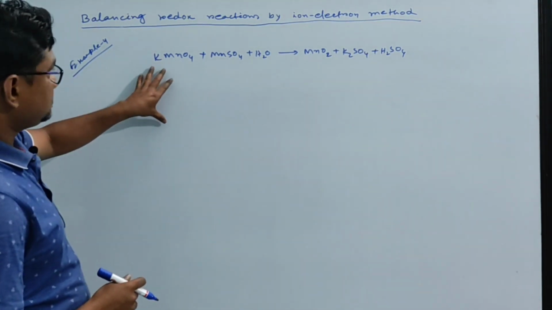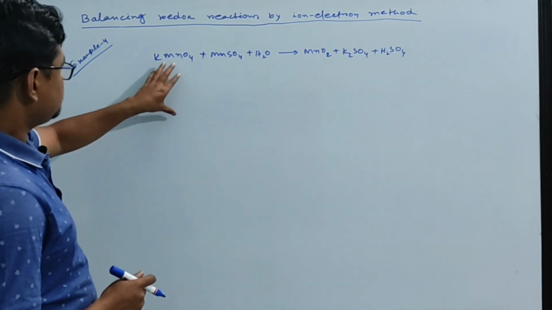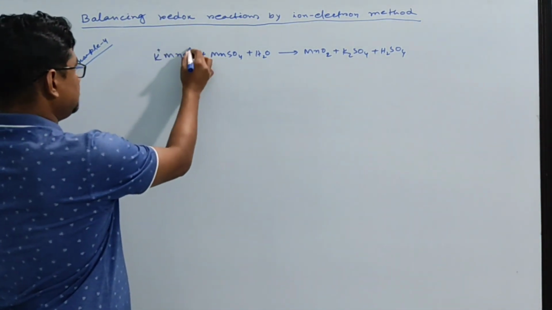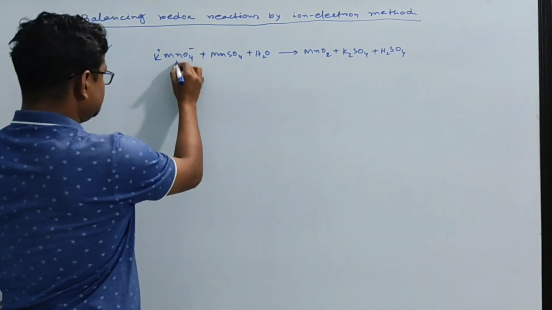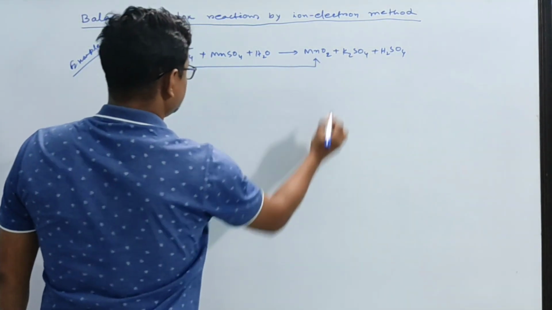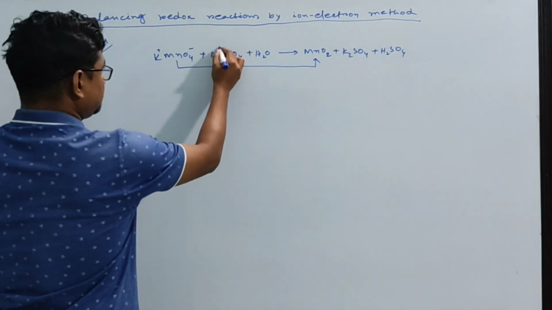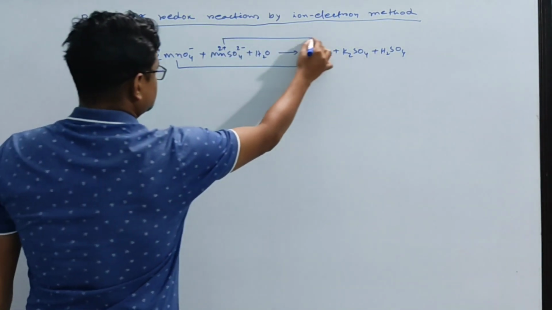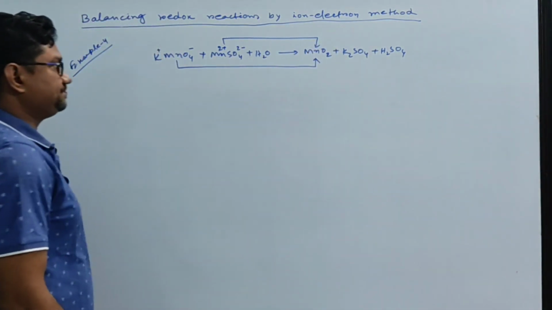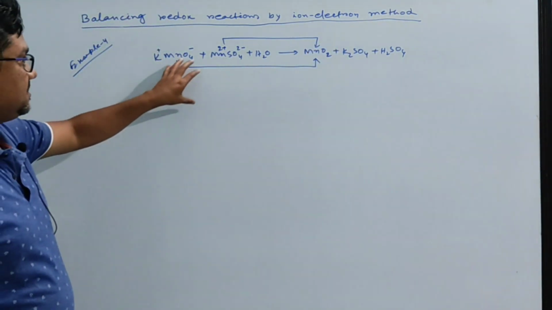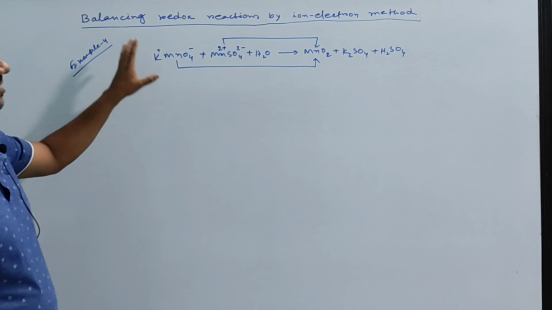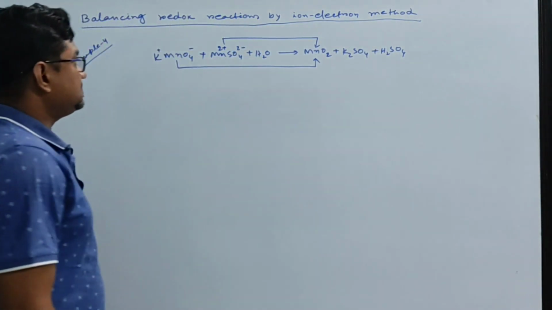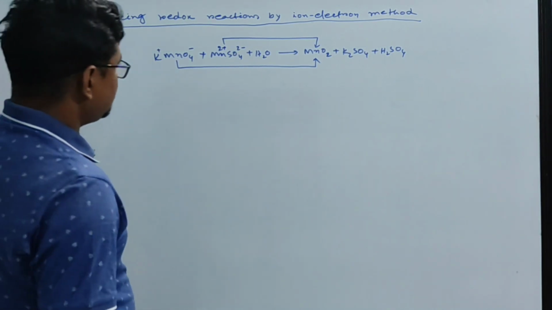Anyway, this reaction is an interesting one because KMnO4, that is K plus MnO4 minus permanganate ion, is going to MnO2, and also Mn2 plus SO4 2 minus, Mn2 plus is also going to MnO2, means permanganate and Mn2 plus both are converting into one species, that is MnO2. This is called comproportionation redox reaction.